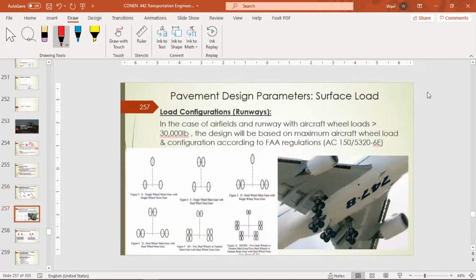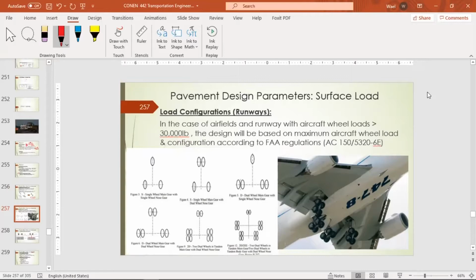Okay. The load configuration is another important issue, specifically for runways. Because as we can see, runways are not like a highway. Here we don't use the equivalent single axle load. The design criteria is totally different. It's according to the Federal Aviation Administration regulations, AC 150/5320-6E.